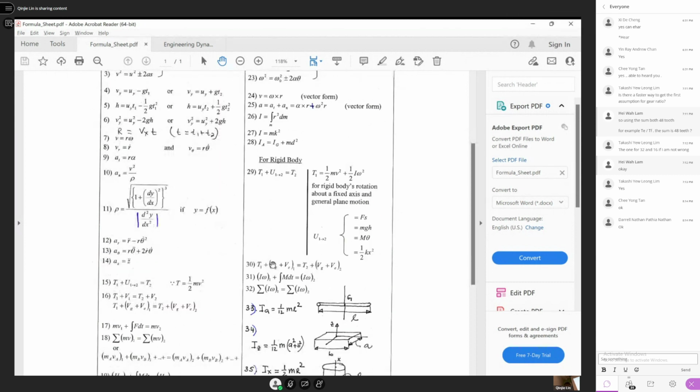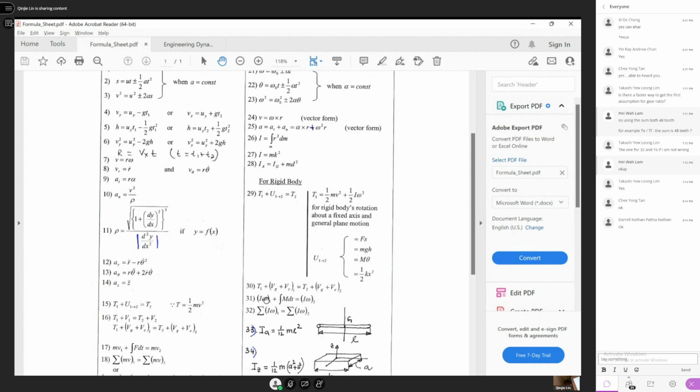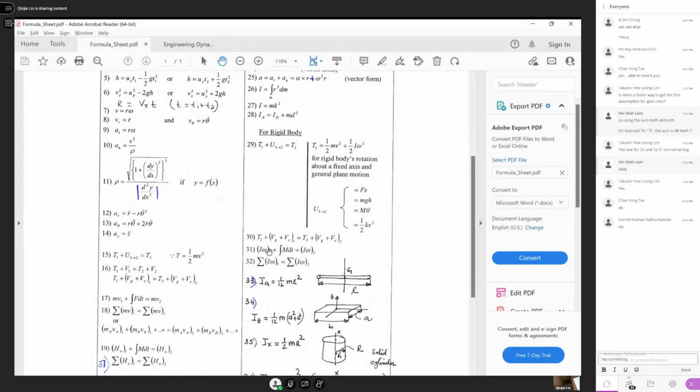Then conservation of energy is the same. Kinetic plus potential must equal kinetic plus potential. Initial and final must be the same. Then here is our angular momentum. I omega plus your angular impulse must equal the angular momentum later also. 32 is the conservation of angular momentum.